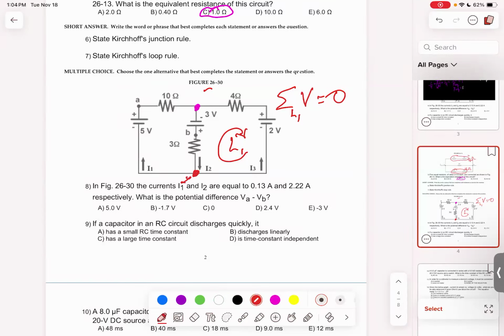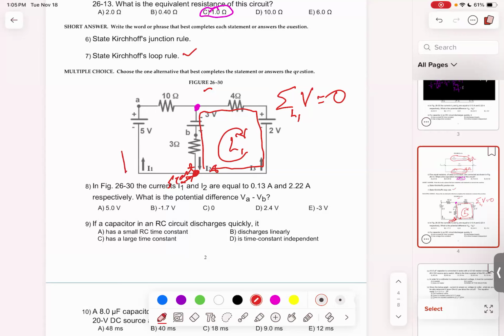Pick whatever place you want to start, and I decided to go in this manner around this loop. It's completely arbitrary which direction I choose or you choose. After I figure out my voltage drops across each one of these components, it's going to add up to 0. Okay. So that's what we're really going to need to focus on for this next problem. And that's what Kirchhoff's loop rule is.